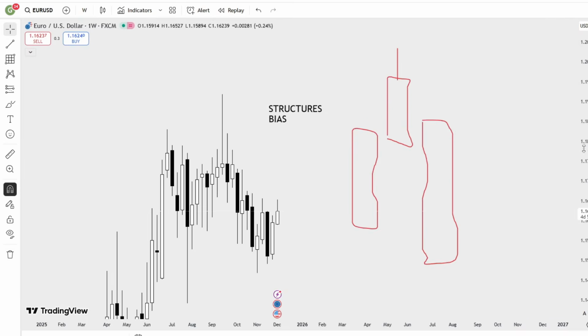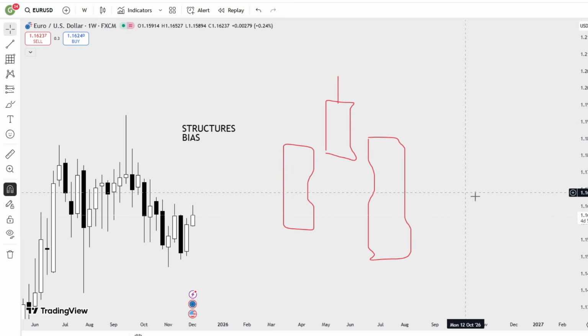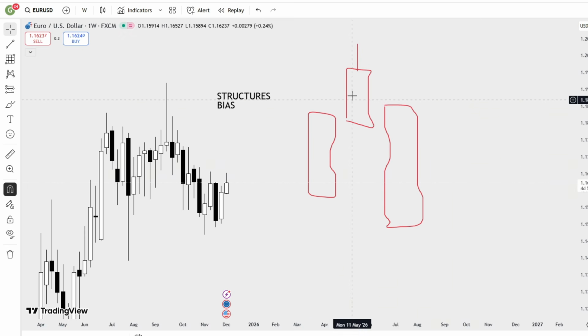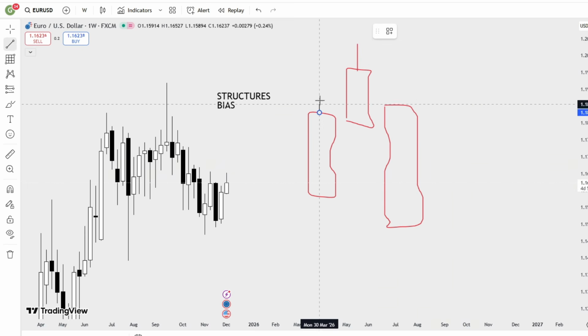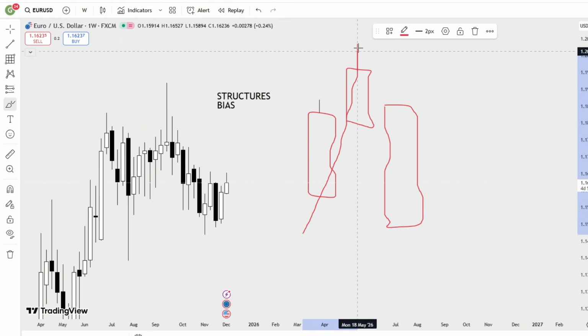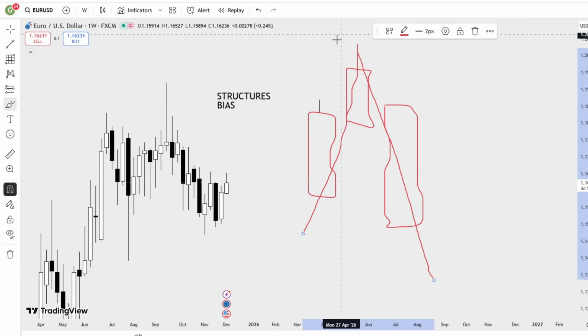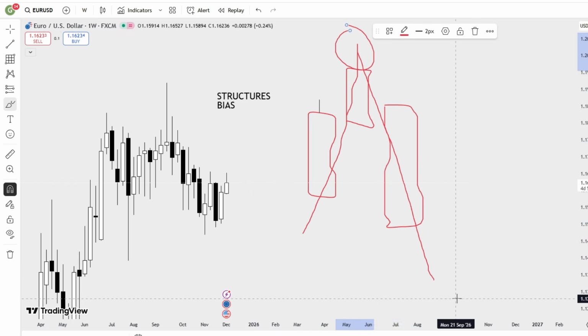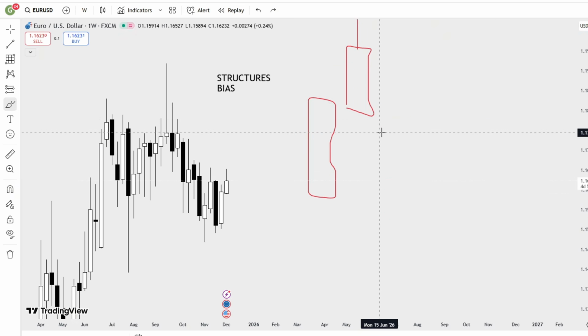So what we got here, if you look correctly, if you draw a wick here, what you got here, this structure, you have exactly this. You create a high or a low.